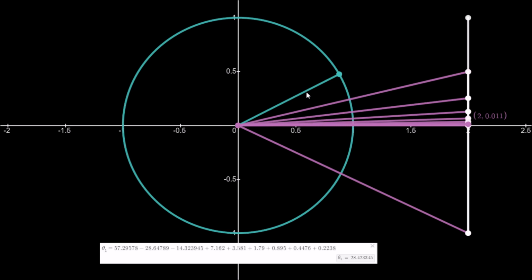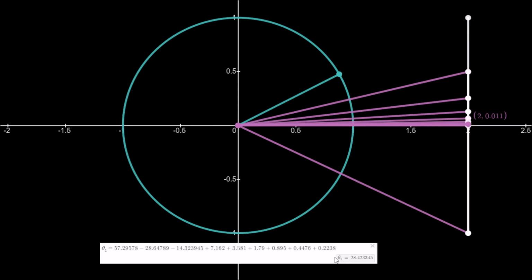So this is the vector and this is the angle for Zn. And we get that angle by adding and subtracting these values here. And of course we add on and subtract off dependent on whether the value for our yi is greater than or less than 0, as we've done in previous examples.